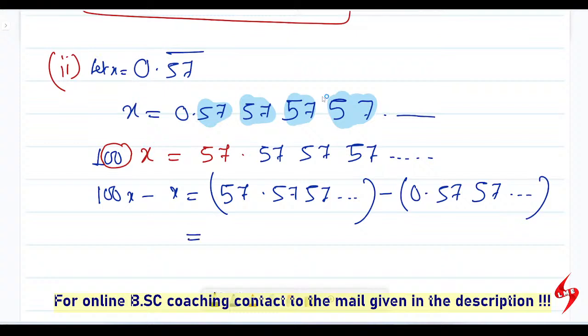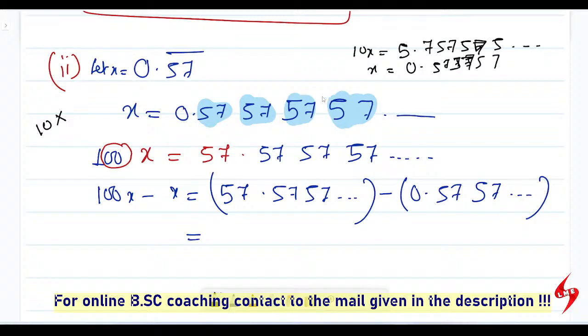Here, notice it, I am not multiplying with 10, because if I multiply by 10, the term will be 5.757575. I cannot subtract because the pattern is not followed. So this is wrong.